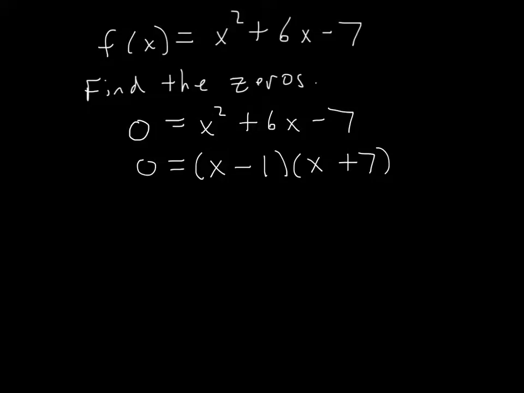And the reason we factor this is because any time you have two things multiplied together, now this is this times this, where it used to just be a bunch of stuff here. It was three things. It was this plus this plus this. Now it's just this thing times this thing. And we know that those two things multiplied together equal 0.